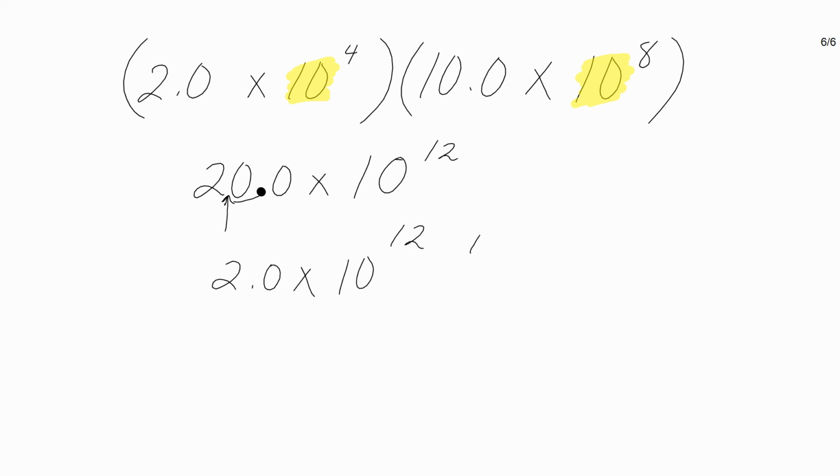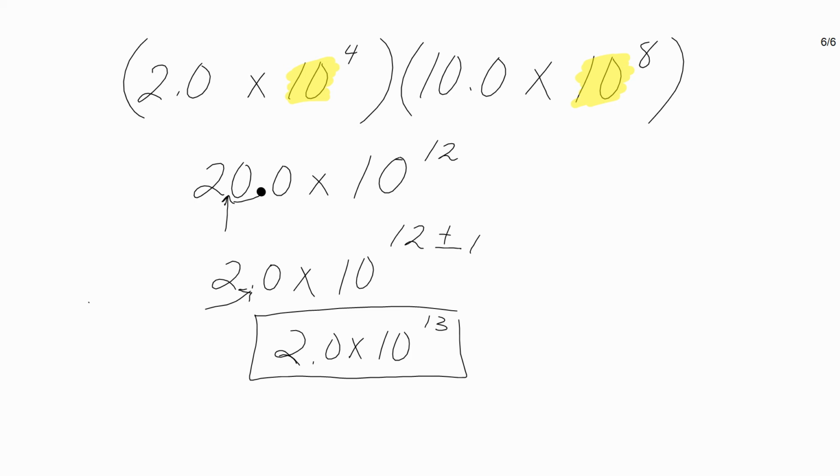You got to put a blank. And then you ask yourself what? Which way did I move this to get it back the way it was? And you get 2.0 times 10 to the 13th power, and I guarantee you somebody in here has an 11, but you don't have to say anything. They have 2.0 times 10 to the 11th power.